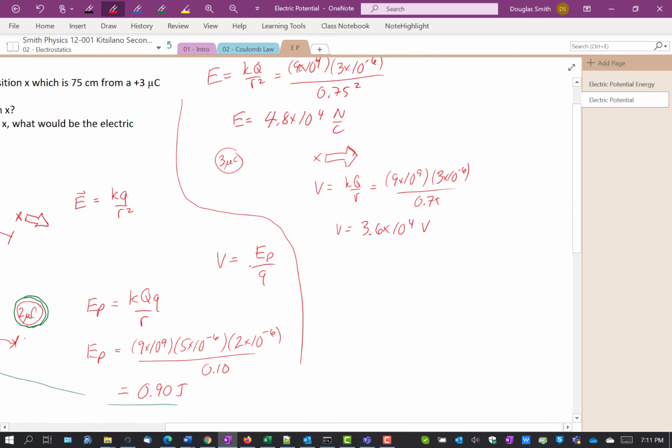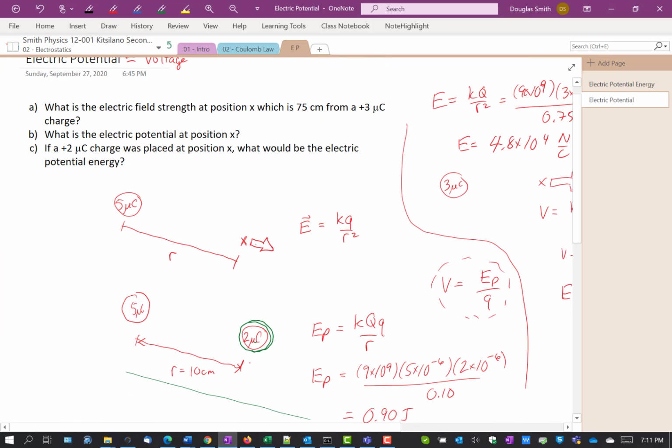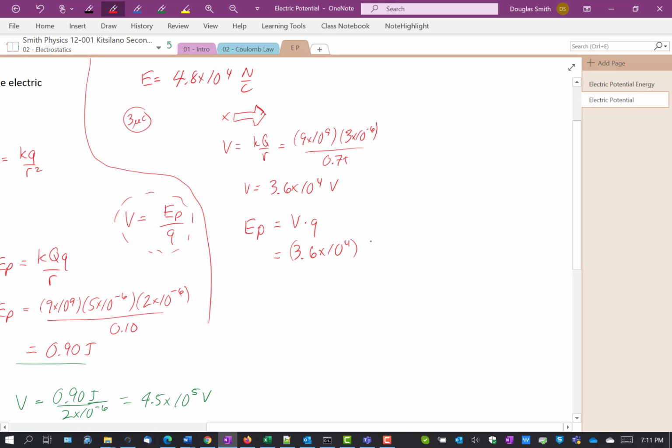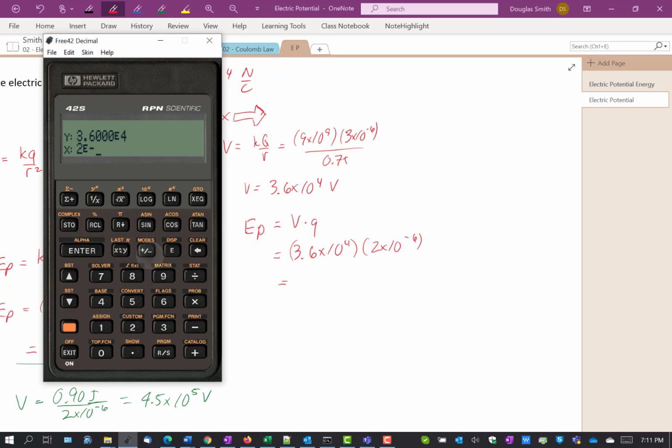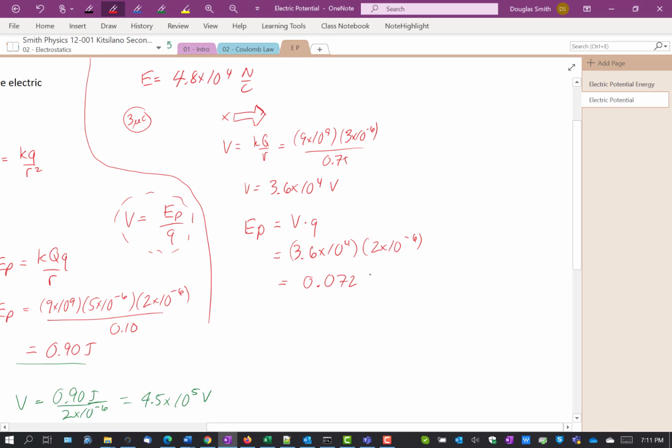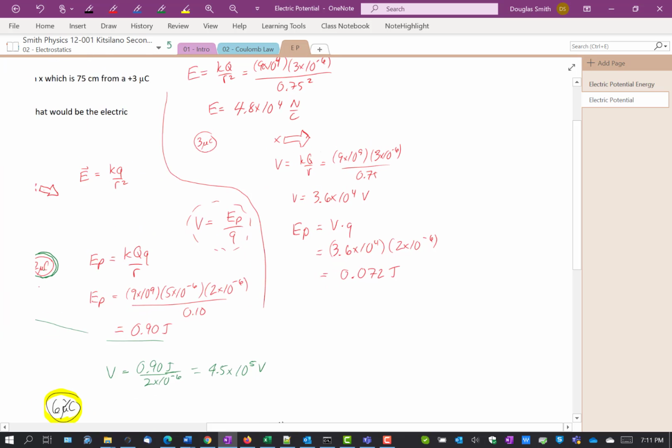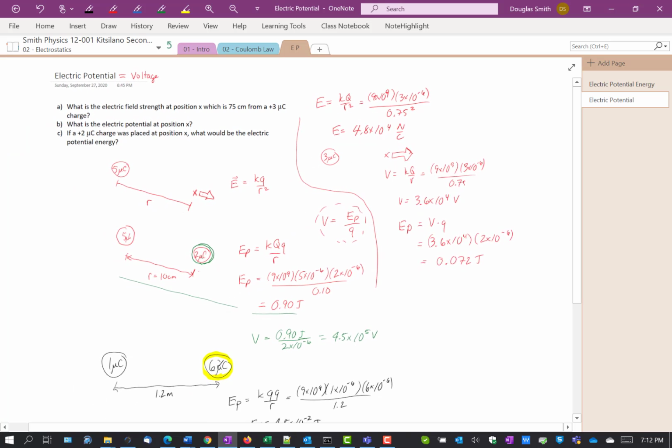To do that, I'm just going to make use of this equation: Ep is equal to V times Q. 3.6 times 10 to the 4, and we're working with the idea that we are putting the 2 microcoulomb charge there. That gives 0.072 joules.